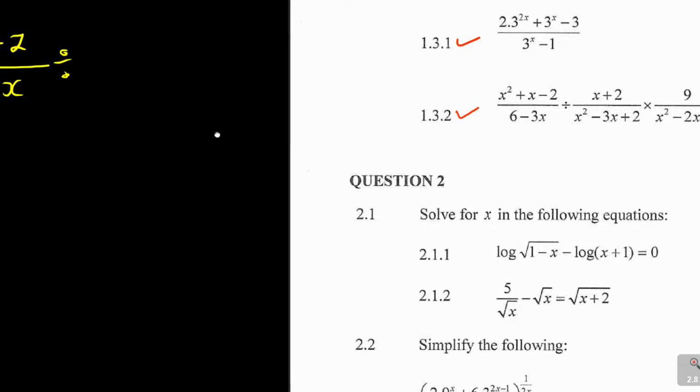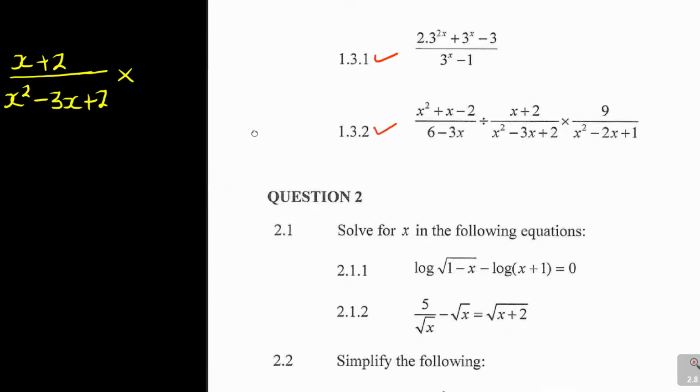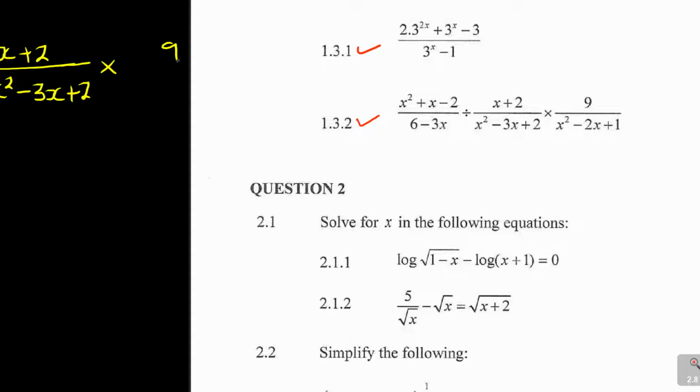It's x squared plus x minus 2 over 6 minus 3x divided by x plus 2 over x squared minus 3x plus 2, just to give you a heads up, they don't just give you things that are not related. Everything that they give you, there's always something related to it. 9 over x squared minus 2x plus 1.